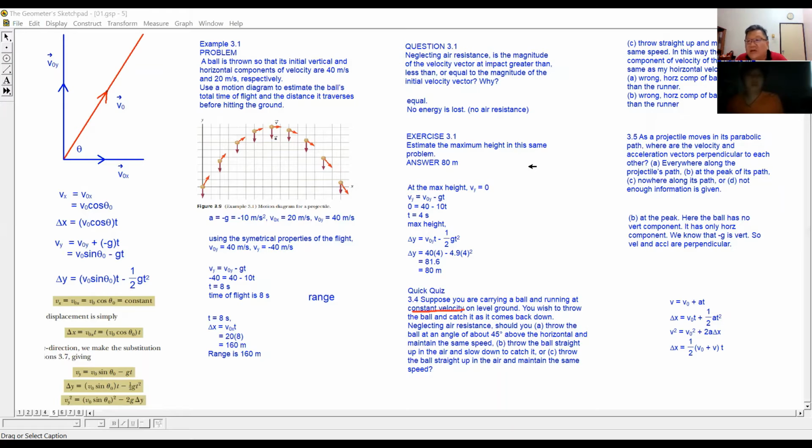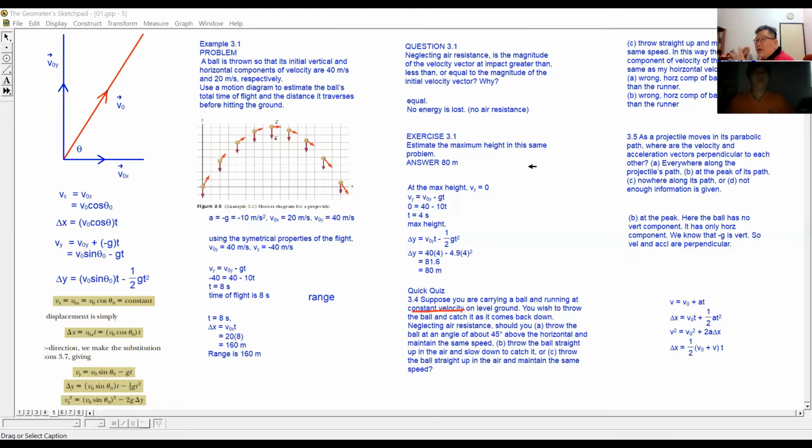Well, it depends on how you throw the ball. Now, if I'm running forward with a constant velocity and I throw the ball forward, I can never catch the ball. You know why? Because let's say I'm running forward at 10 meters per second.